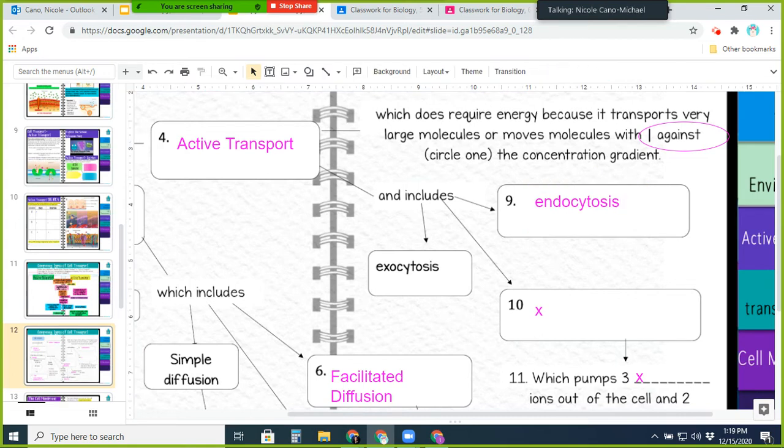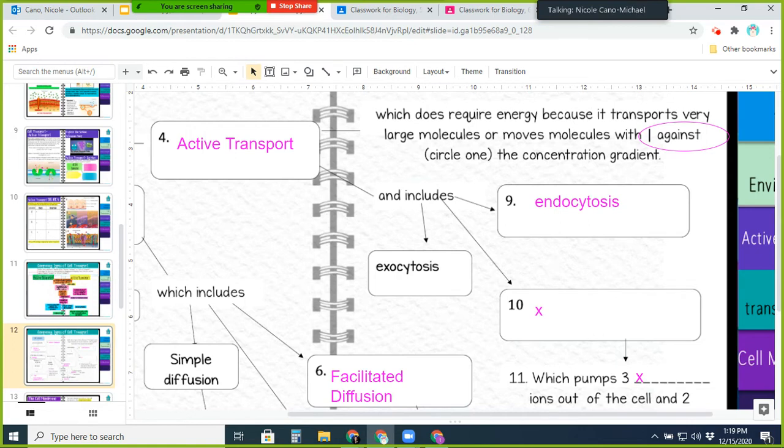If it is exocytosis, what the cell does is it creates a little bubble around the thing that it wants to get rid of, and it literally kind of spits it out. The cell will create a little bubble around whatever it's trying to get rid of, and it will spit it out of the cell through the cell membrane.